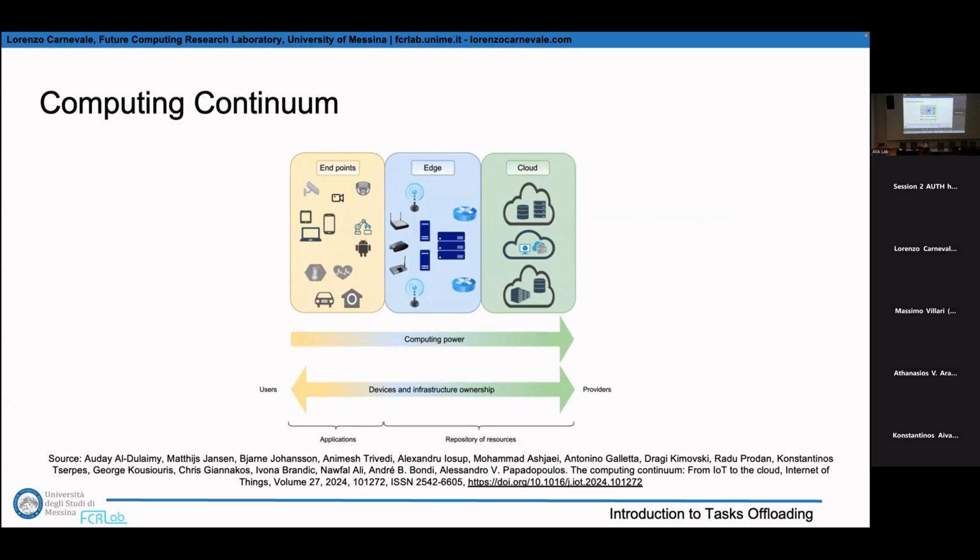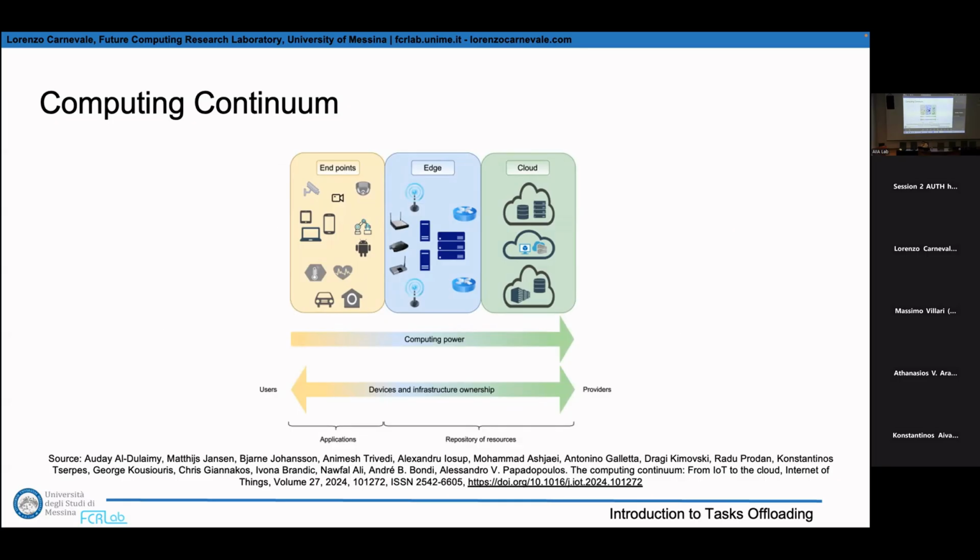So we have the IoT on the left, the endpoints, the edge in the middle, the cloud on the right. The computing power grows while we move the computation from the endpoints to the cloud, while the device and infrastructure ownership, of course, depends on where the process is deployed.